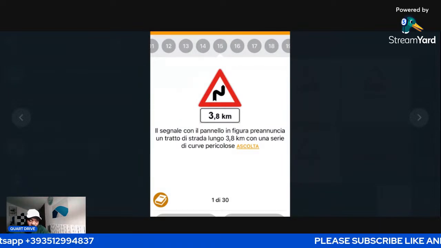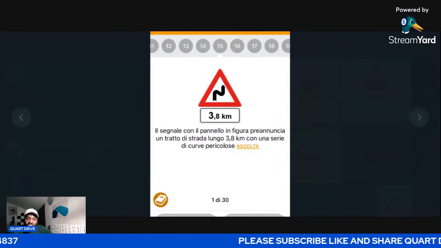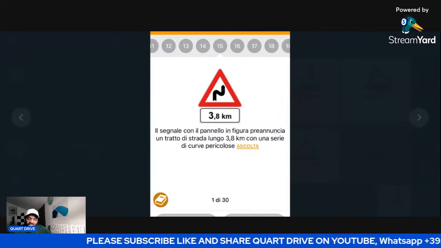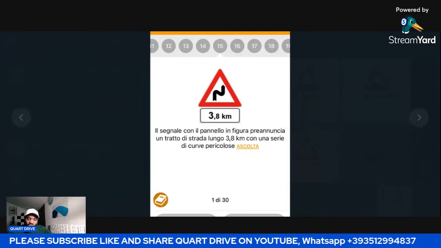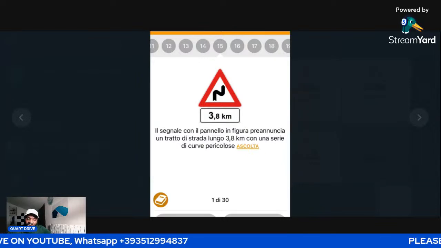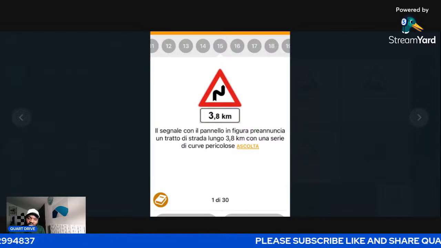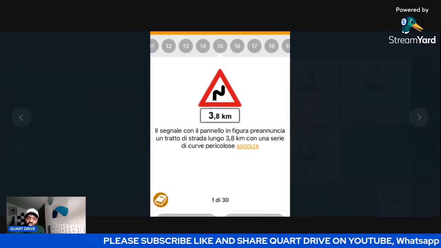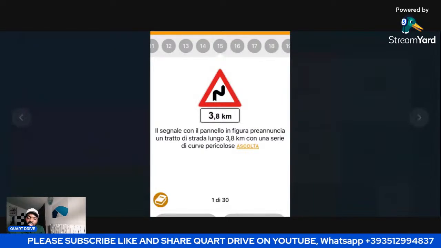It is falso, because when it is a series of curves, they put this sign with an arrow under it, to tell you that from that point, there is going to be a series of curves.